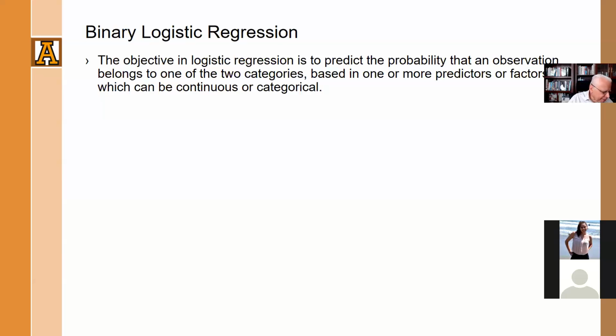I call it here binary for the 2 classes, but for more than 2 classes, it's called multinomial logistic regression.